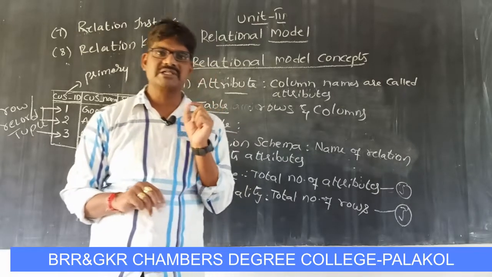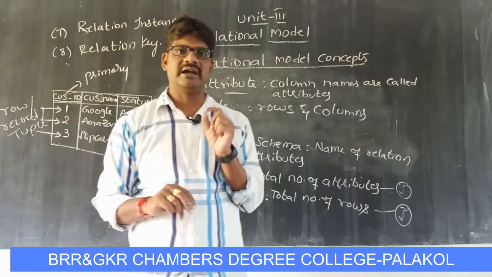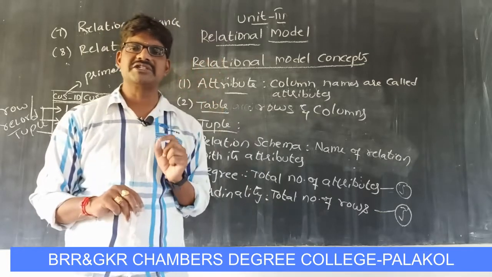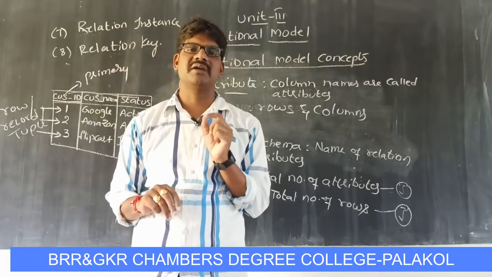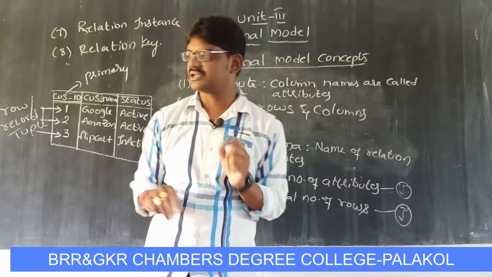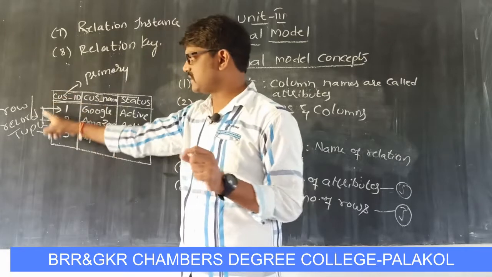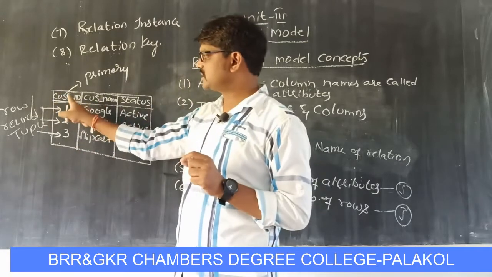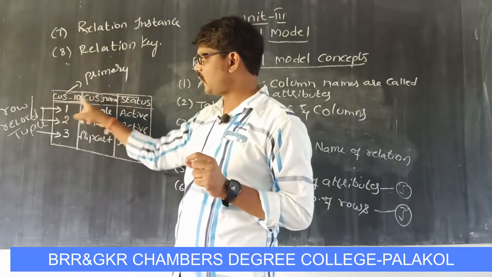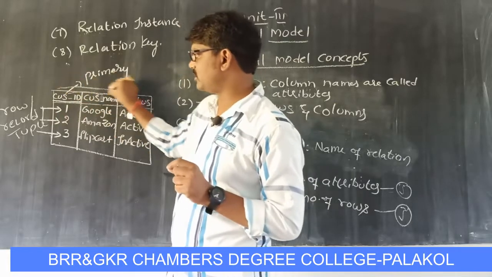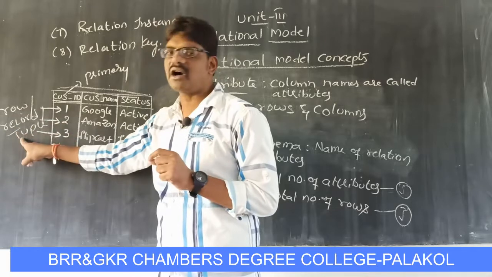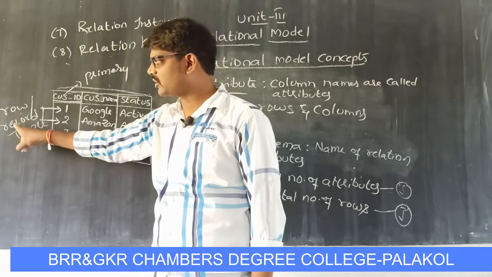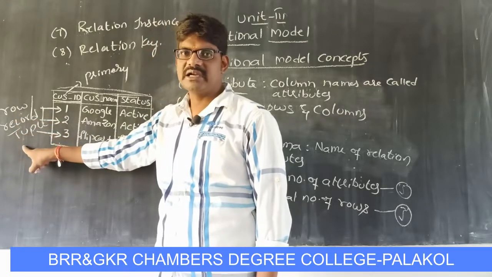In the relational schema, once again, a table is also called a relation. Assume that this is one of the tables. These are the attributes or column names, and all these are the rows, records or tuples.